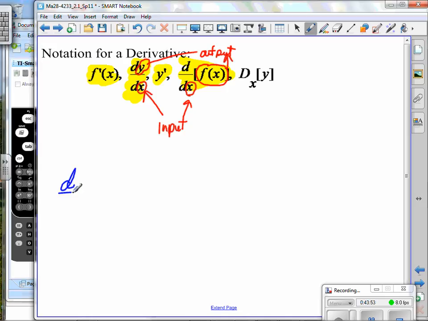The derivative with respect to x, that's the phrase that goes along with this. The derivative with an input variable of x of 3x squared plus 4. That's the same thing as asking for the derivative of the function f of x equals 3x squared plus 4.